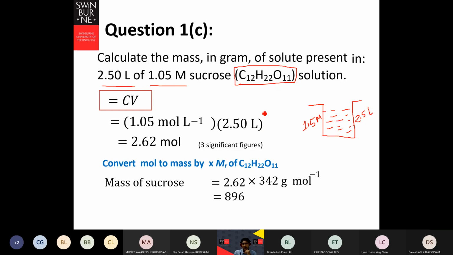If you ask your grandma or your mom how many gram of sugar she puts in the drink, and she gives you a value like 2 gram, 5 gram, then you say, okay, it's this much molar.